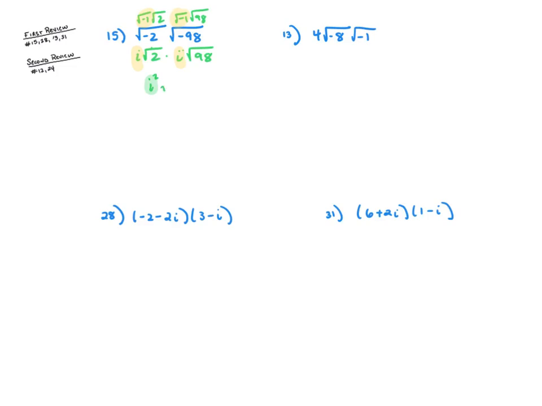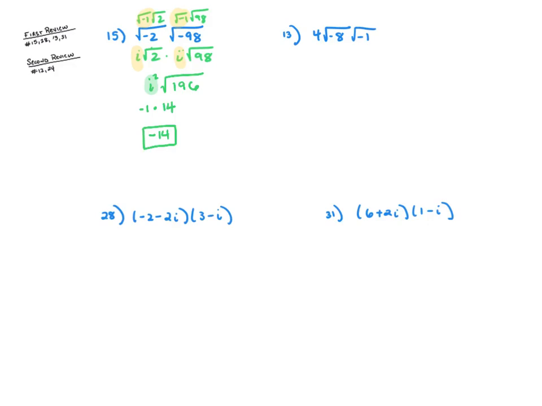And root 2 times root 98 is root 196, which happens to be a perfect square. So now that I'm thinking about simplifying that, I don't have to pull out the largest perfect square. I just know that that's 14 squared. So i squared is negative 1. The square root of 196 is 14. So my answer is negative 14.